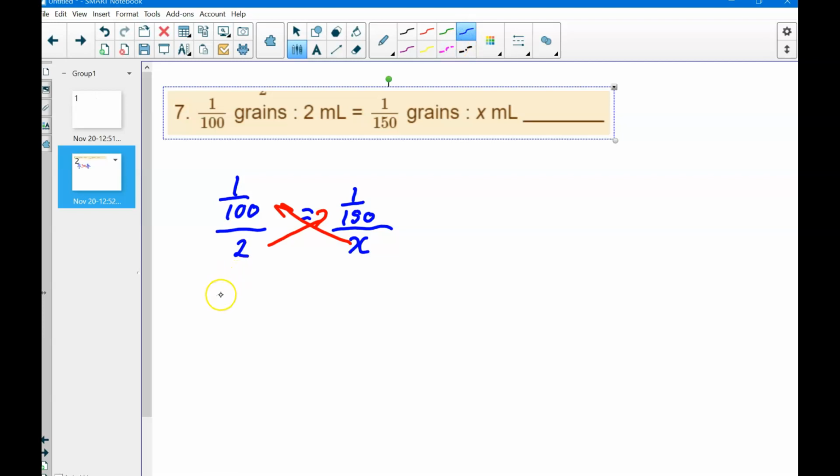So I have 1 over 100 times x, and I have 2 and 150. This turns into x over 100. This turns into 2 over 150.